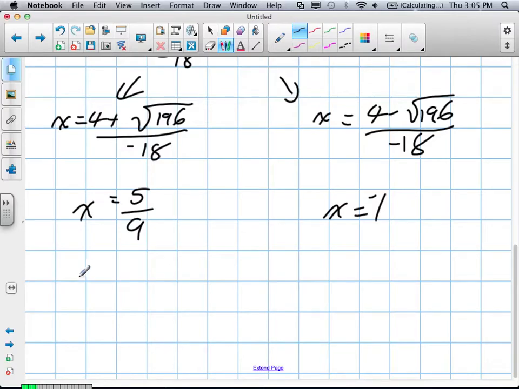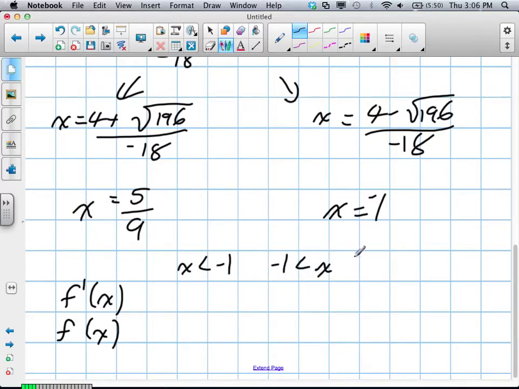So let's talk about the function when x is less than -1. Okay, we're going to find a value for f prime x, and it'll tell us something about the original. We're going to find out when x is between -1 and 5/9, and then again when x is greater than 5/9.